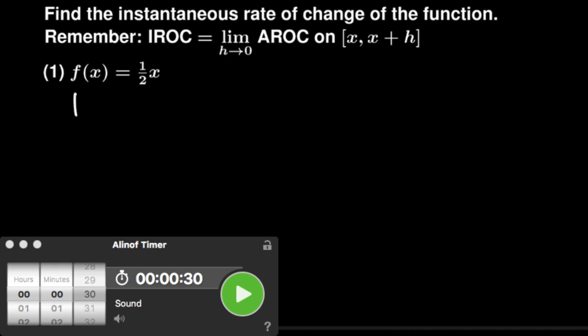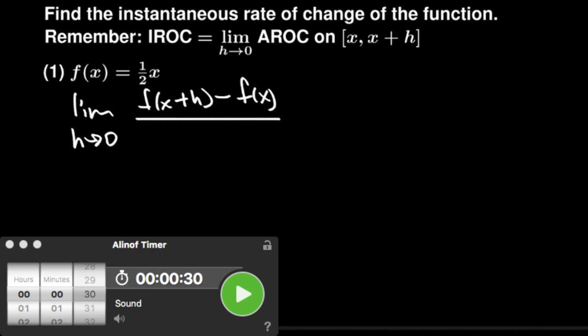So this is going to be the limit as h approaches 0, sorry, of f of x plus h minus f of x. You should probably write this exact formula on your note card, because it will be useful, obviously, as you can see from the stream already.